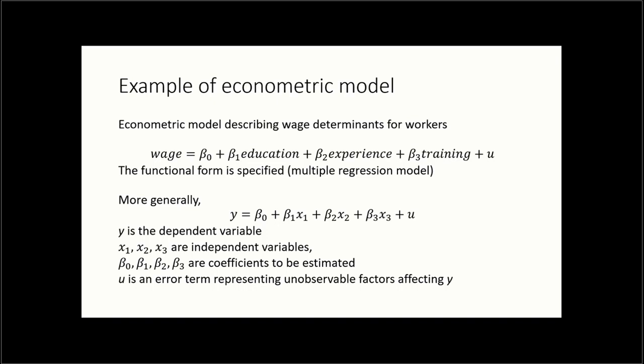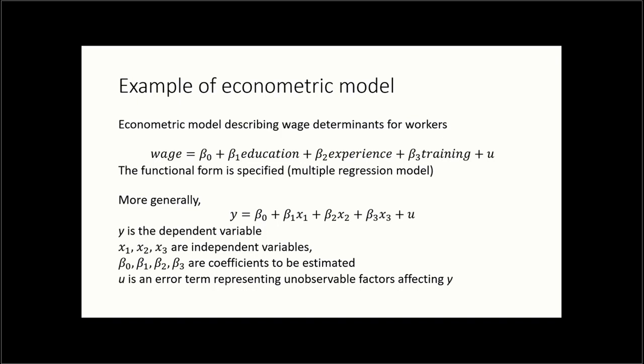And u, that is an error term that represents all the unobservable factors that affect our dependent variable y. So basically, everything that is not captured by x1, x2, and x3 is going to be put together in u. That is the error term, the factors that are unobservable and not captured by this model.